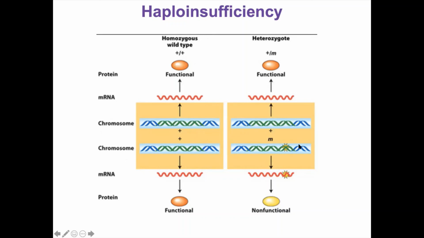In contrast, this individual that we call a heterozygote has a mutation on one copy of the gene. So one copy is fine. It produces a normal RNA and a functional protein. The other copy produces this mutated mRNA, which then produces a protein which is non-functional.